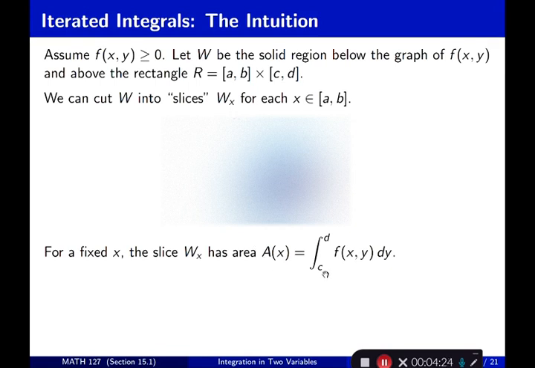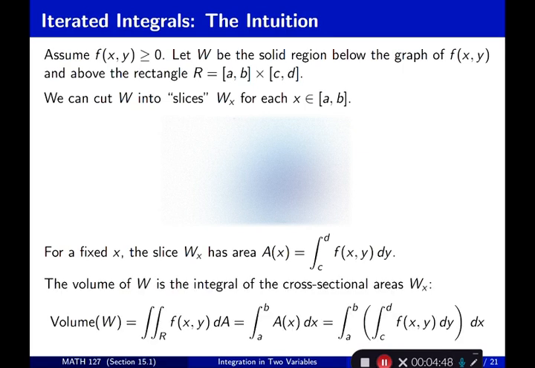That area is the integral from c to d of f of x and y dy, with x set equal to a constant. So when you write an integral like that, even though x is present in there, x is considered a constant.